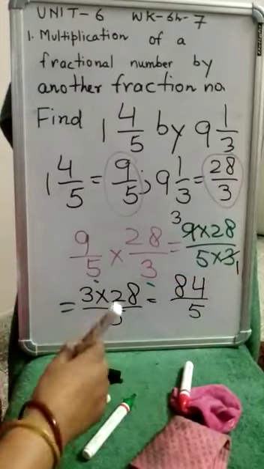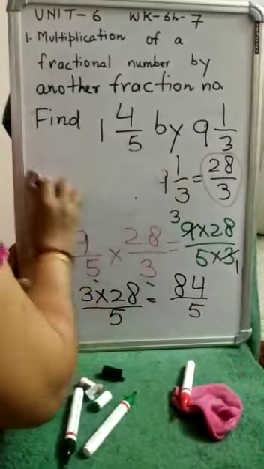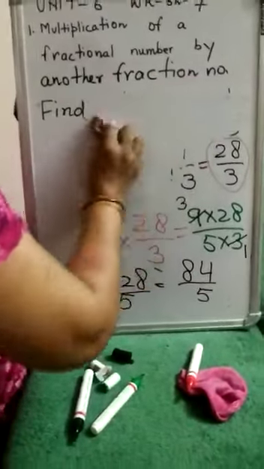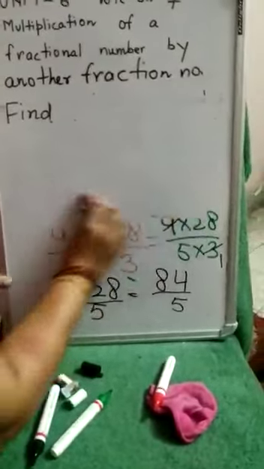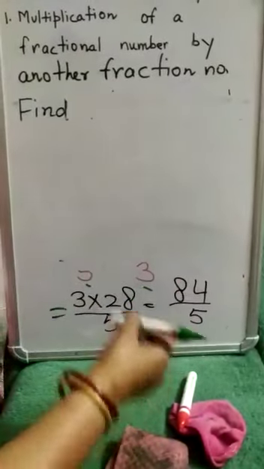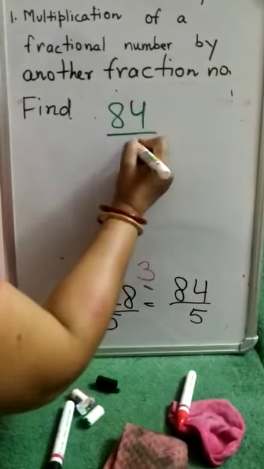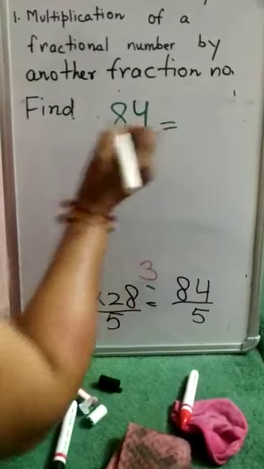Here 84 by 5 is an improper fraction. So I have to convert this improper fraction into the mixed number. So 84 by 5. So what will be the answer?